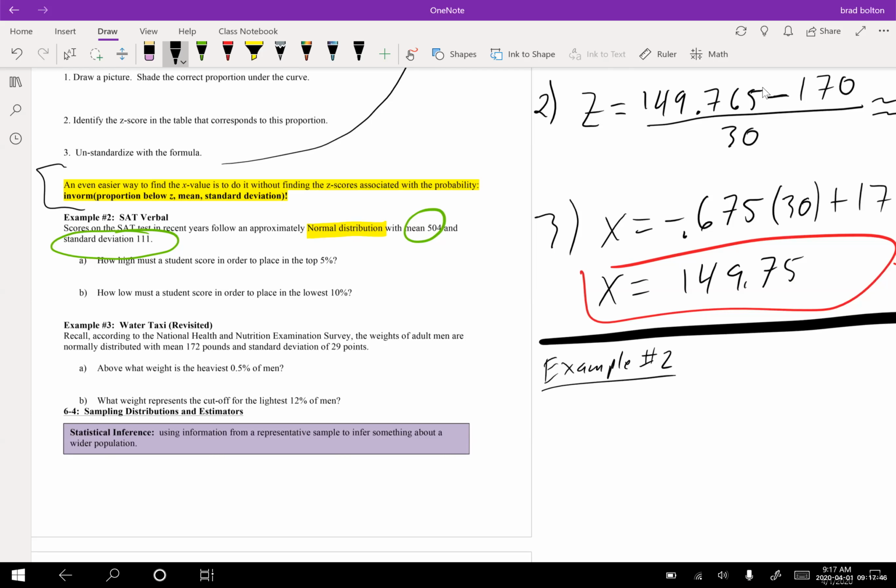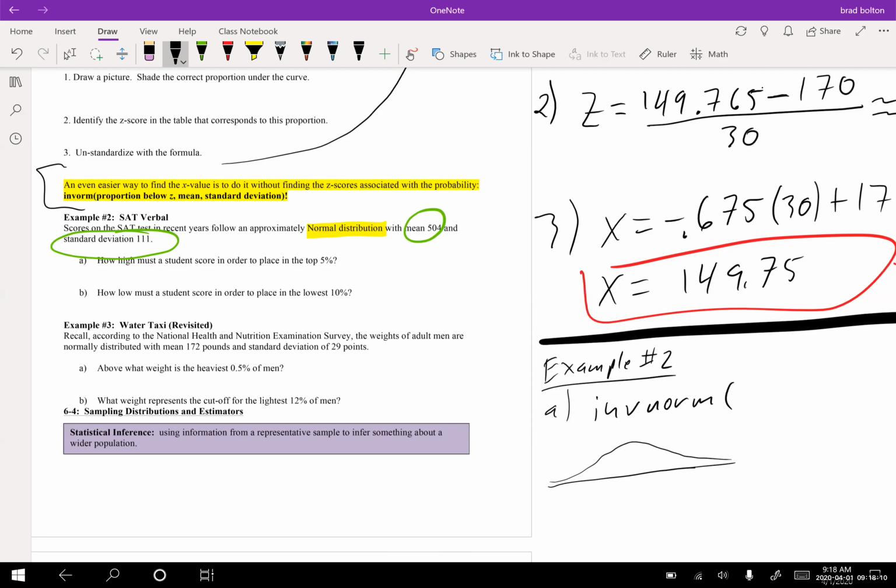Okay, so example 2, part A, says how high must a student score in order to place in the top 5%? Well, I'm just going to try to jump right into it. I'm going to go inverse norm. Oh man, the top 5%, that's not exactly what I was hoping for, because the calculator doesn't go that way.